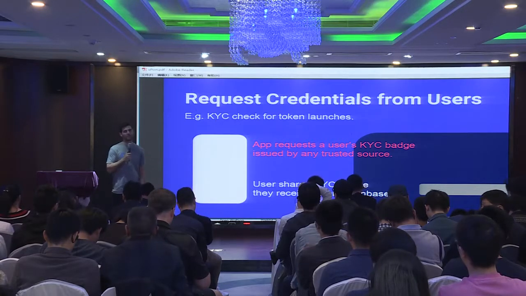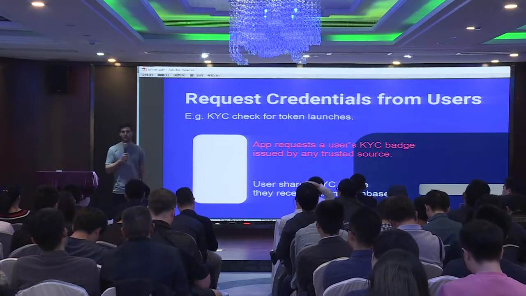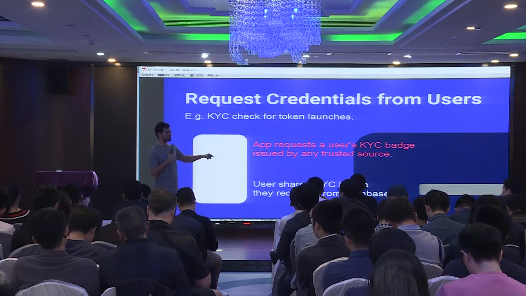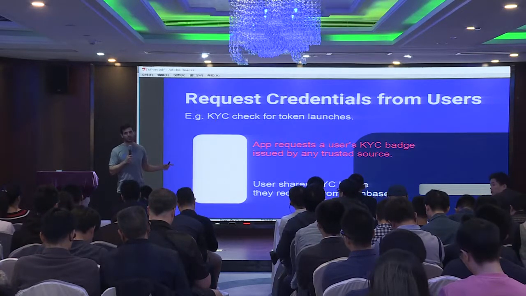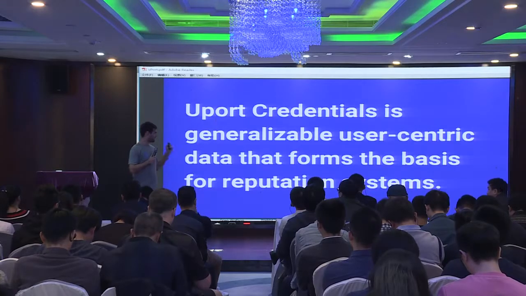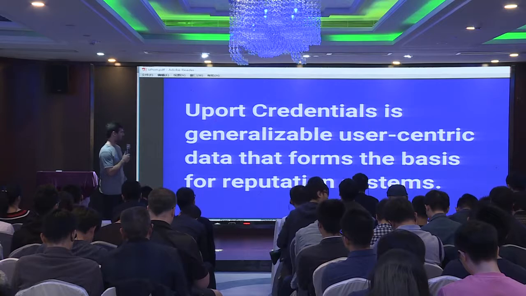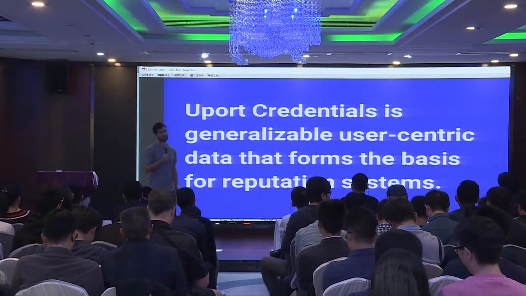And so the user shares that Coinbase badge with the service, who reads it, checks that the signature is valid, that the timestamp is still valid, and that since they trust Coinbase's statement that I'm KYC there, they don't have to KYC me themselves. And so abstracting that notion, credentials are a generalizable user-centric data structure that forms the basis for reputation systems.